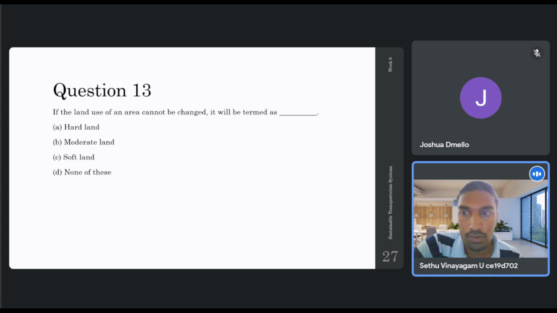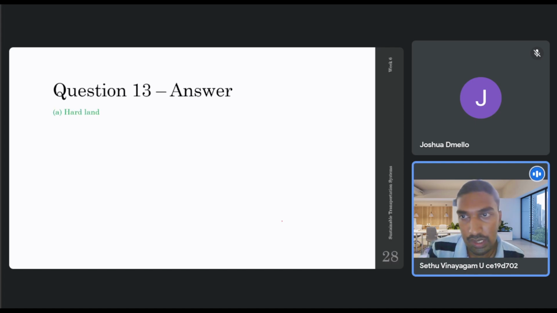Okay, so we have one more for option A, hard land. So the right option is option A, hard land.